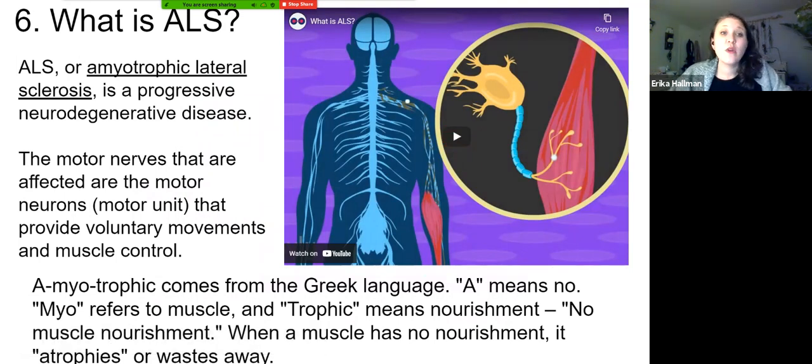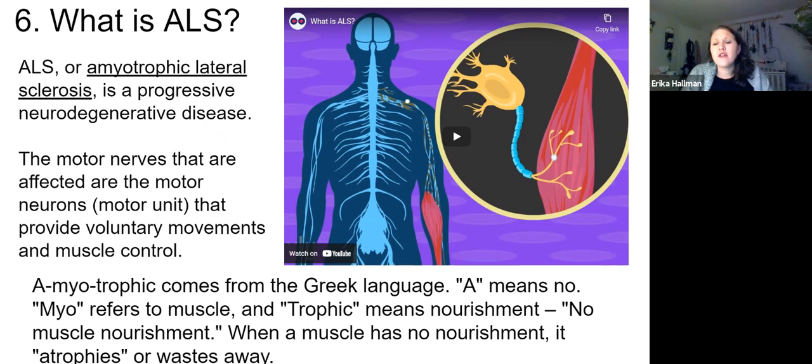So the next condition we're going to talk about is ALS, amyotrophic lateral sclerosis. You might remember a couple of years ago, there was the ice bucket challenge for ALS.